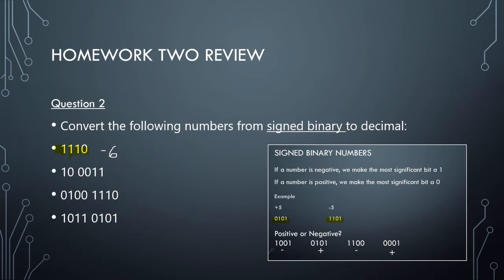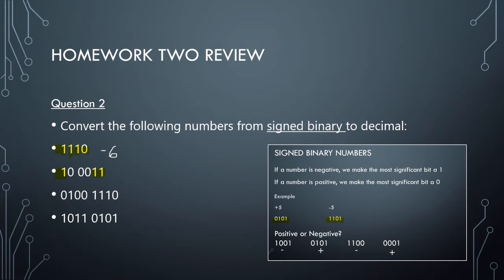Looking at the next example down here, we see again our most significant bit is a 1, so we know that this will be a negative number. And this one's pretty easy. This bit right here that I've just highlighted is worth 2, and the one over here, 2 to the power of 0, has a place value of 1.